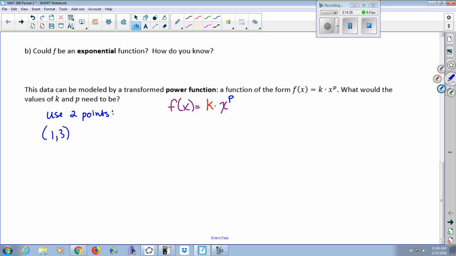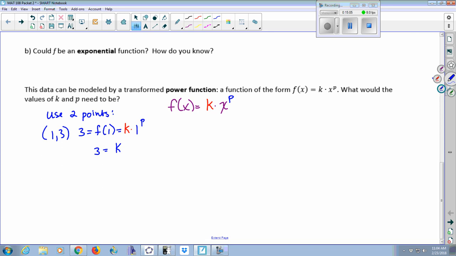What does that tell us? f of 1, when I plug 1 into my function, outputs 3. f of 1 would look like k times 1 to the p, because I replace x with 1. So 3 equals k times 1, because 1 to any power is 1.